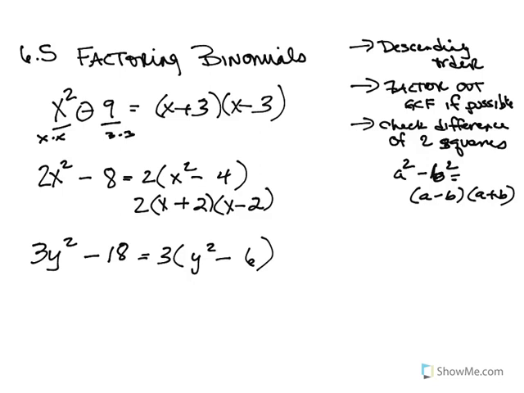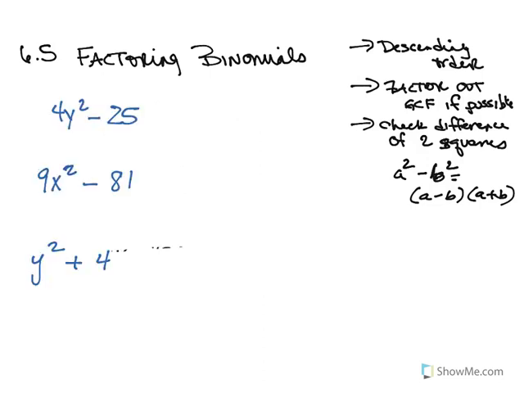Let's make sure we pay attention: you cannot factor y squared minus 6. It is not the difference of two squares. 6 is not a square. You add 3 and 3 to create 6; you don't multiply 3 and 3 to create 6. So this problem is finished because we cannot factor it anymore. Okay? Makes sense? All right, let's do some more.